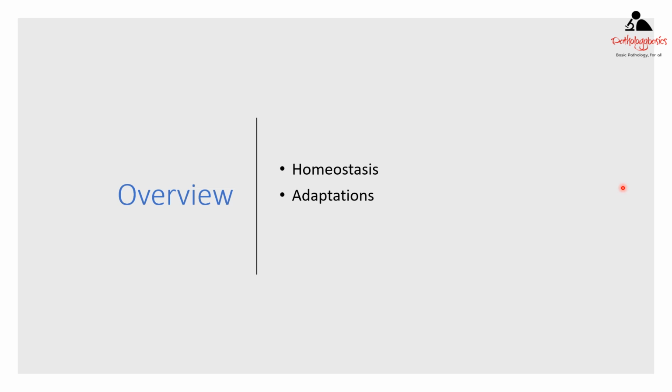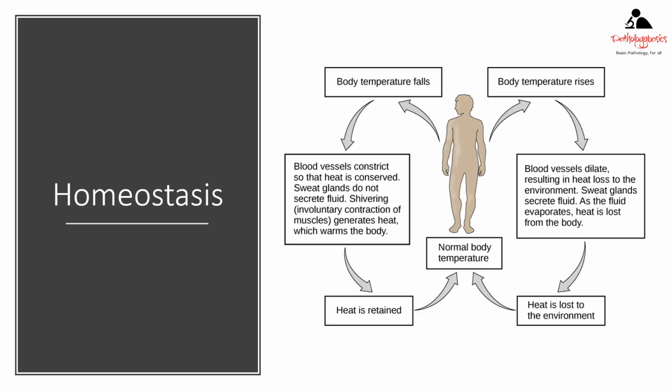This chapter begins with two concepts. First is homeostasis and second is adaptations. Let's look at homeostasis first. As you must be aware, homeostasis is a phenomenon by which the body maintains or regulates itself.